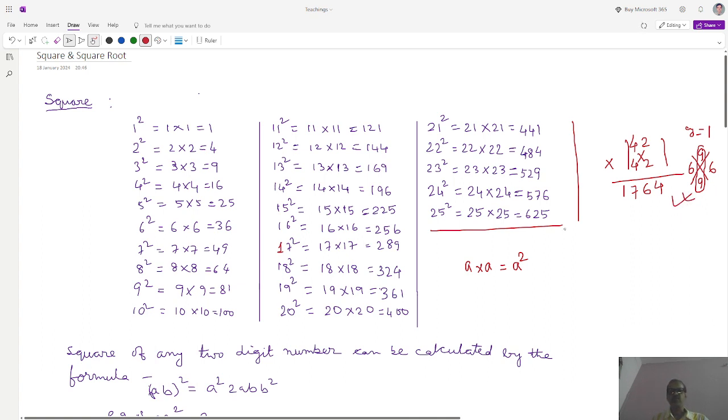Similarly, for any numbers, we can multiply in this way in one line. I am taking another example like this. What will be the result of this multiplication?